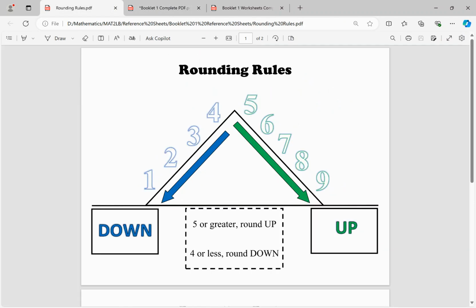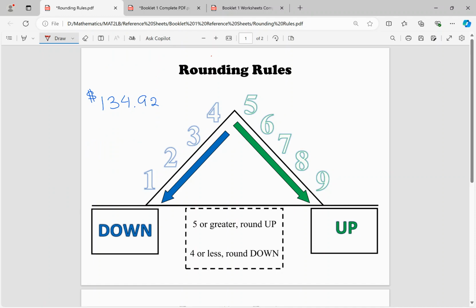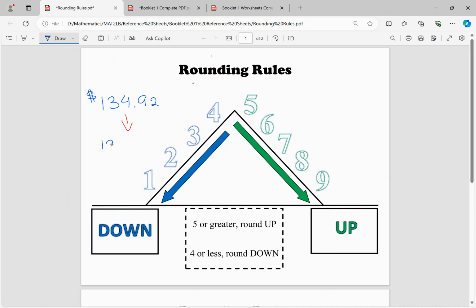For example, if I was to tell you that you had $134.92, it might just be easier if I round that and told you, well, we have about $135.